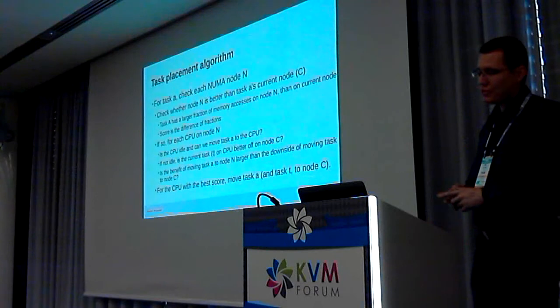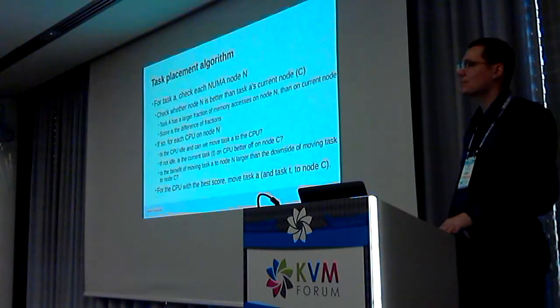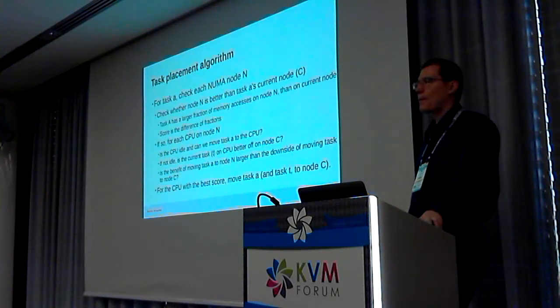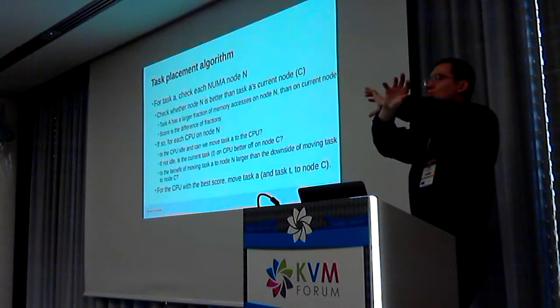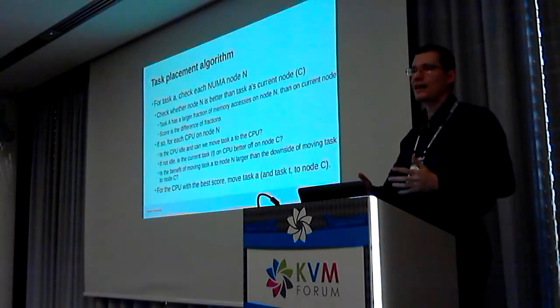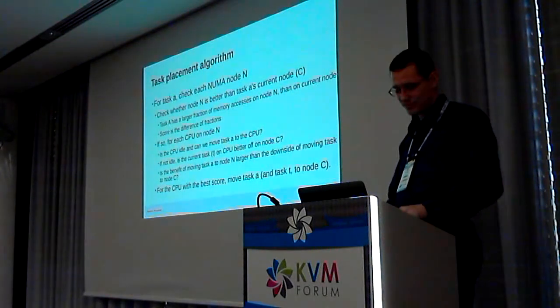If the CPU is not idle, we look at the task that is currently running on that CPU, and we look whether a task swap would be a good option. And we find the option that has the best score and do that one.